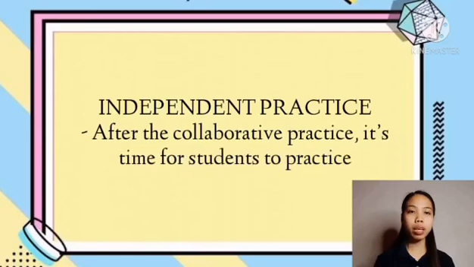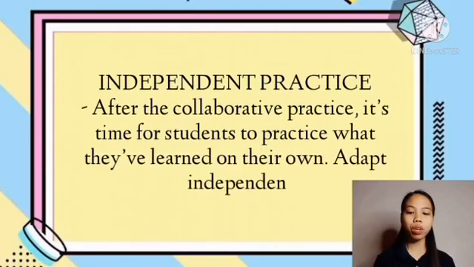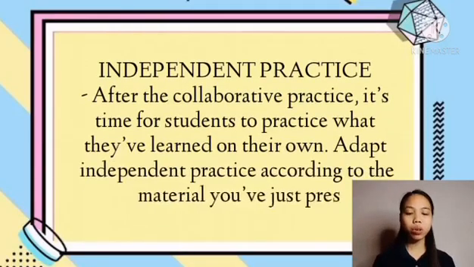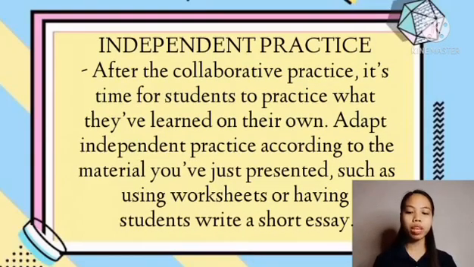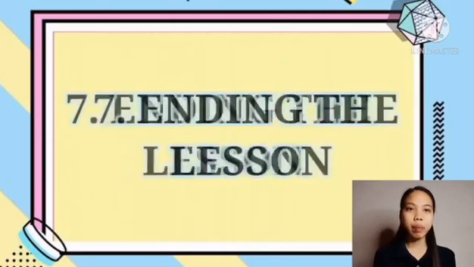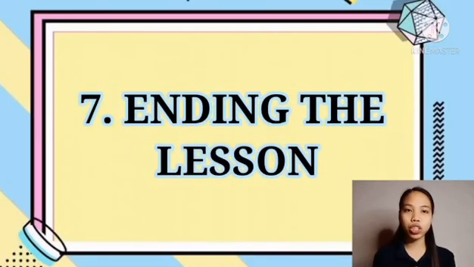After the collaborative practice, it's time for students to practice what they learned on their own. Adapt independent practice according to the material you've just presented, such as using worksheets or having students write a short essay.